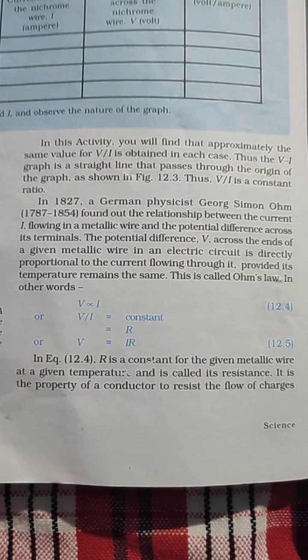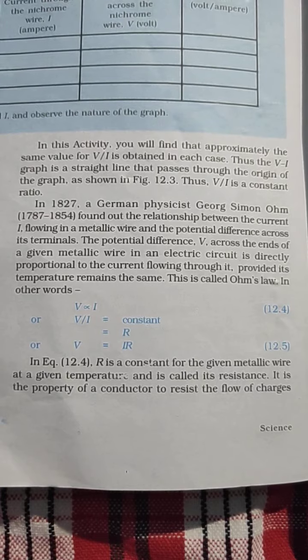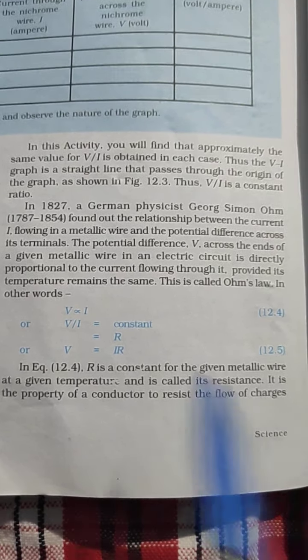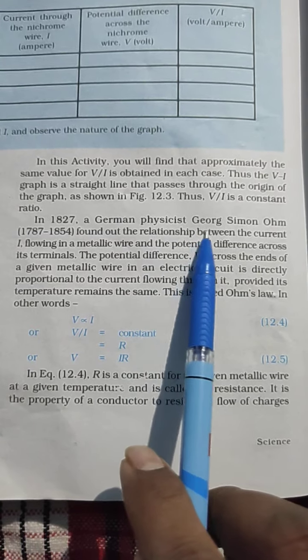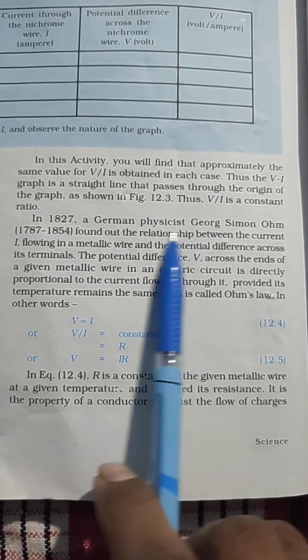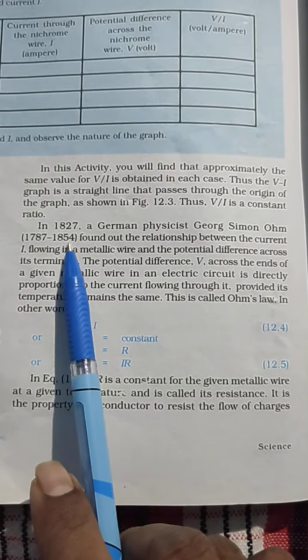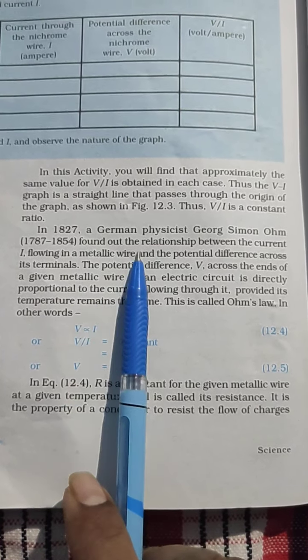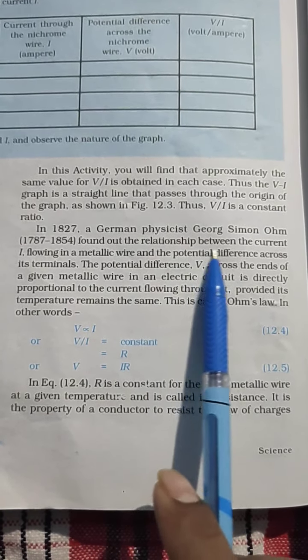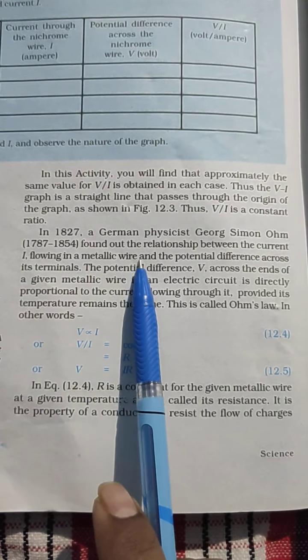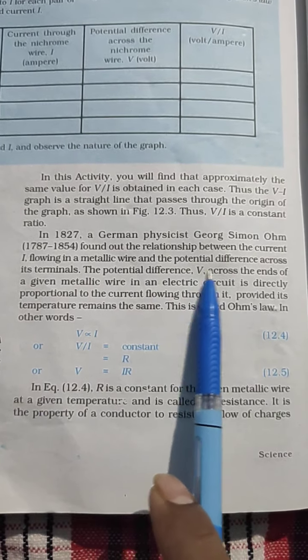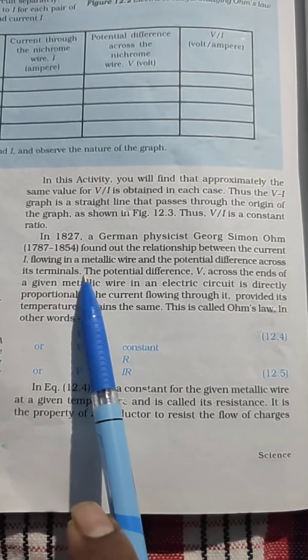Student, the next topic is Ohm's law. In 1827, a German physicist, Georg Simon Ohm, found out the relationship between the current I flowing in a metallic wire and the potential difference across its terminals.